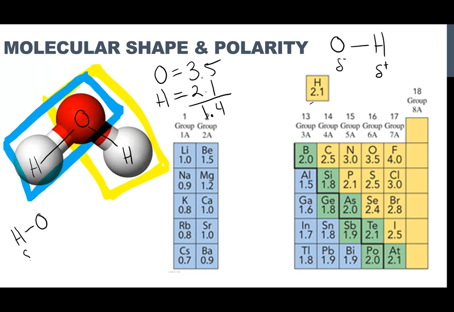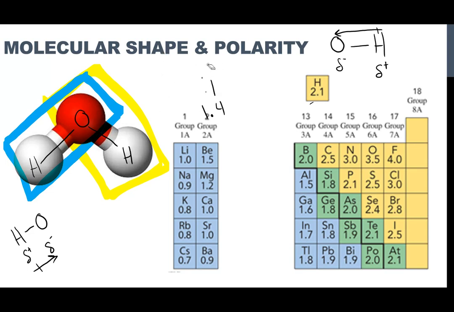Hydrogen is still the little brother. Oxygen is still the big brother. So we still see a push towards the oxygen. All right, so first thing, is there a dipole moment? Is there a separation of charge? Yes, there is. These electrons are not being shared equally.